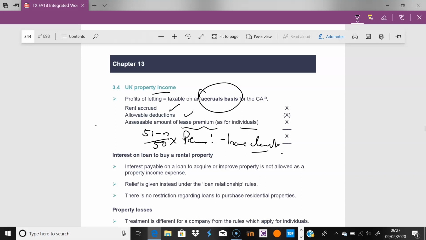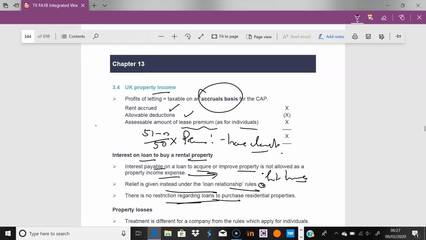So interest on loan to buy rental property, interest payable on loan to acquire, it is not allowed as a property income expense. Remember, we put this through, we've just literally talked about that. This goes under interest income. Relief is given under this, so that interest goes under here.